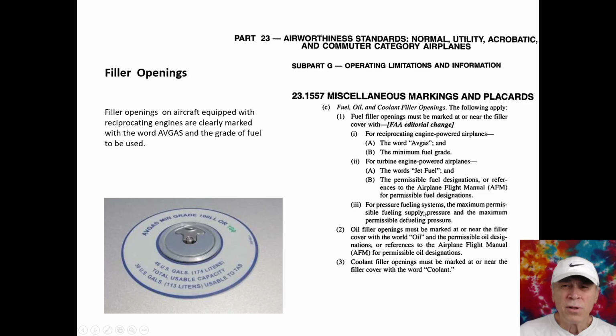If it's a pressure fueling system, there's also going to be the pressure marking. Oil filler openings have a similar requirement for markings or placards. It'll have to say the word oil, and coolant has its own marking also, so when servicing, you're not interchanging your fluids.